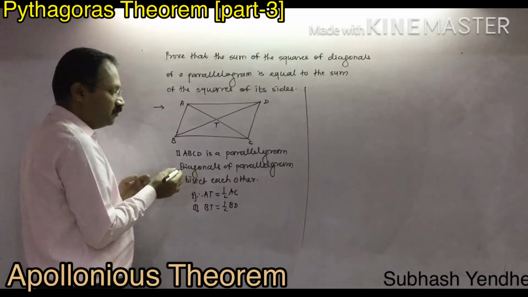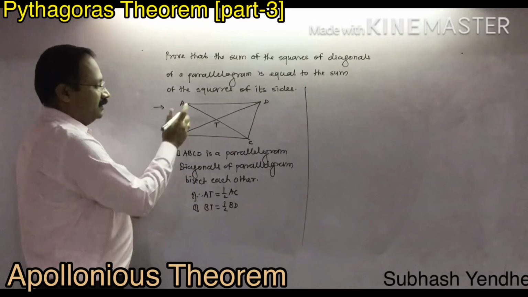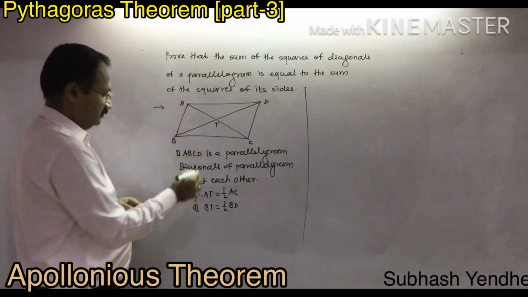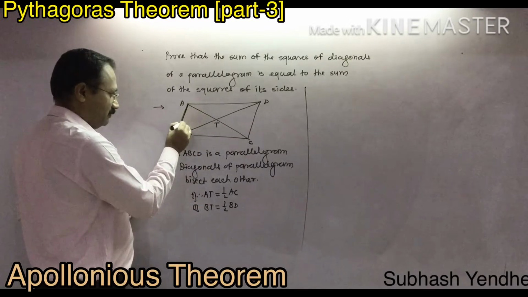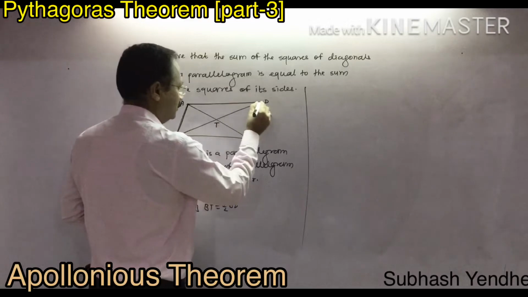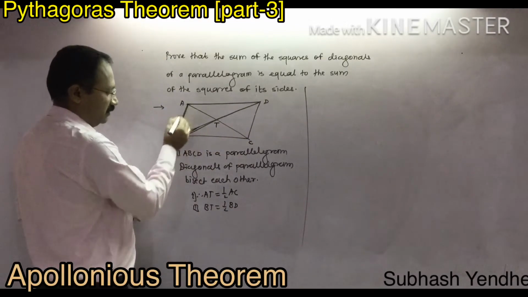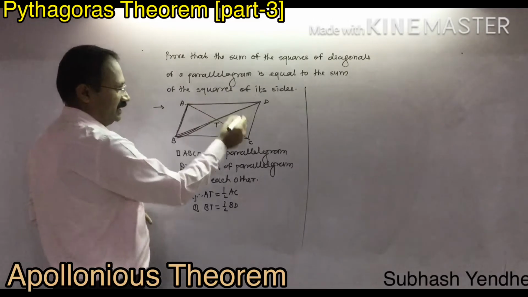Okay. So what you have to prove is the squares of all the sides. But here the parallelogram is given, so we have to use the Apollonius theorem here. So I am going to take triangle BAD.